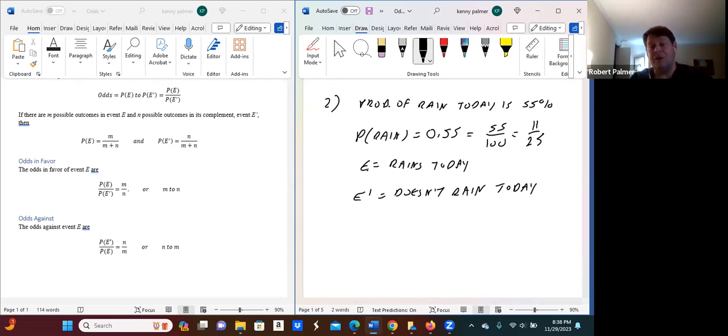Okay, so going with that idea, the probability of no rain, the probability of E complement, if we subtract, is going to be 45 over 100. Remember, 100 minus 55 is 45. We can also write that, if we divide both by 5, as 9 over 25.